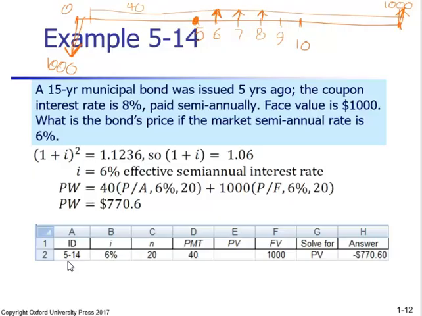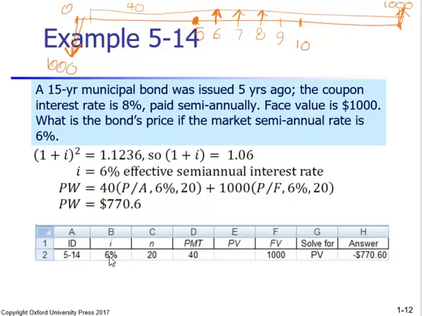In fact, year 5 to 14, and the interest rate 6%, PMT $40, FV 1,000. Don't let this confuse you, because it is just an ID, and you know an ID is just an ID. You can come up with any ID. For example, your M numbers are IDs. But these parts, when I is 6%, now you have a very good understanding of that.